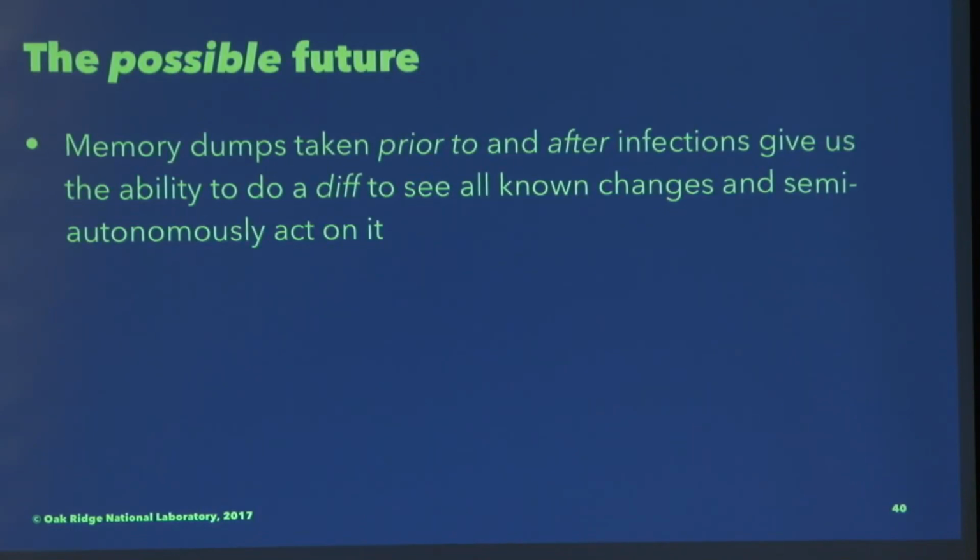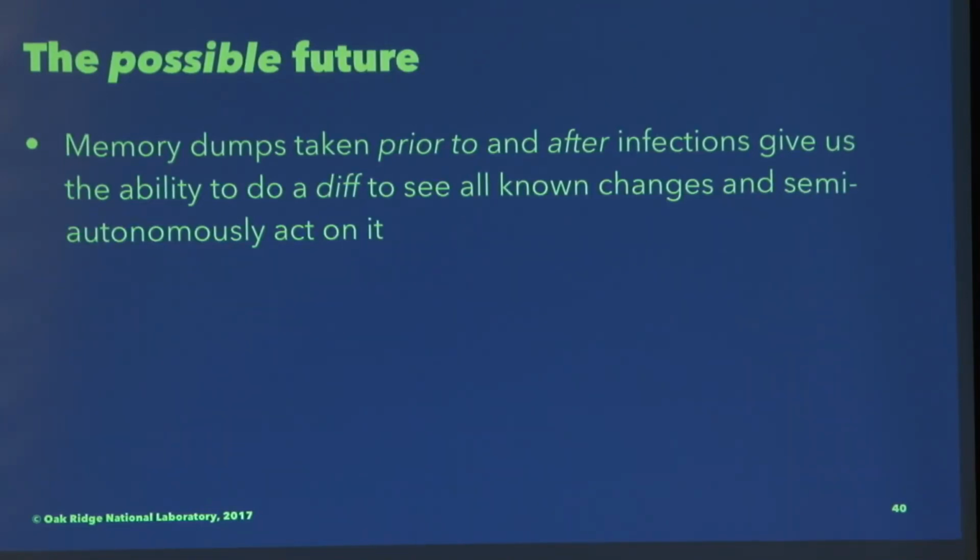And then as soon as we get some kind of alert from an IDS, whether it be Bro on the network or ClamAV or Immunet, whatever it is, we can tell the system to take another snapshot immediately after that alert and send them somewhere. And then you can do a diff between those two images and see literally everything that changed between those two points in time.